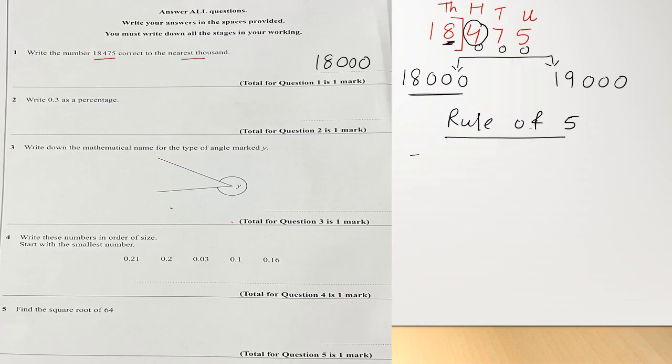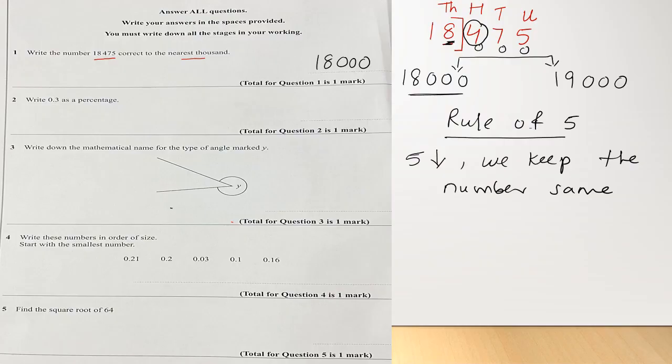Okay. So now you will just see 4. Now what does the rule of 5 say? If the number in the 100 place is less than 5, okay, if the next door number is less than 5, we will keep the number same.